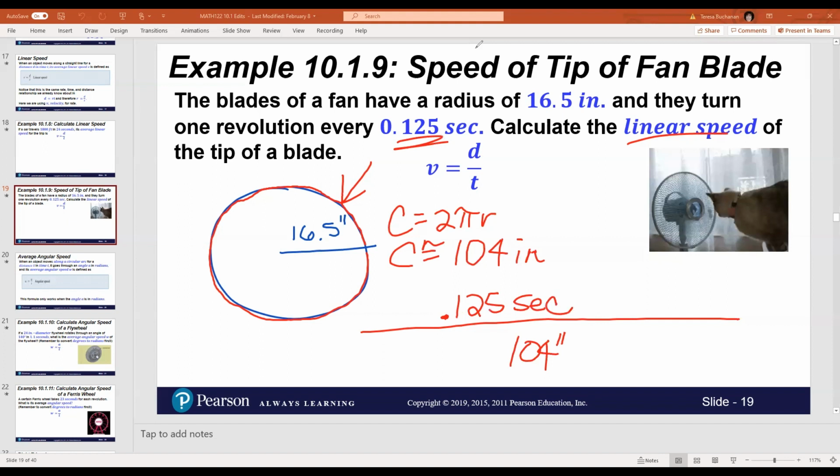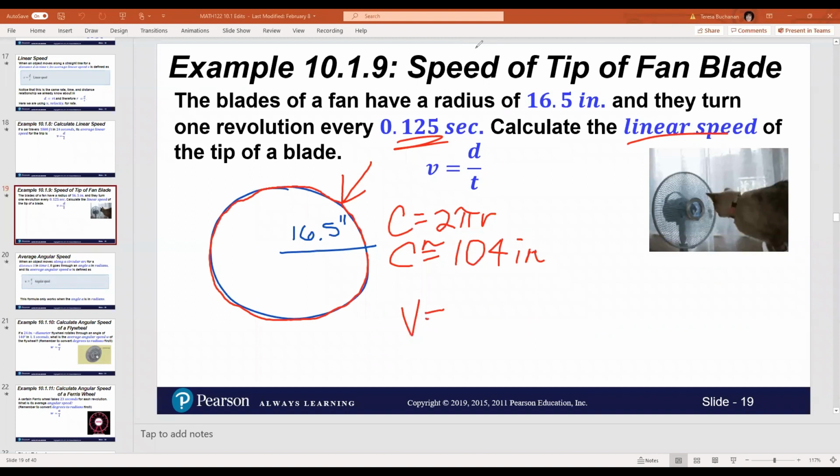That's the speed of the fan moving around. So it's taking me 1.125 seconds to travel that 104 inches. So clearly, again, though it's about a fan, this is something that we can calculate as linear speed.